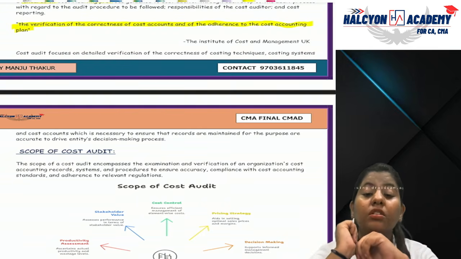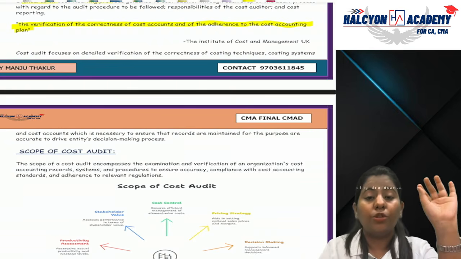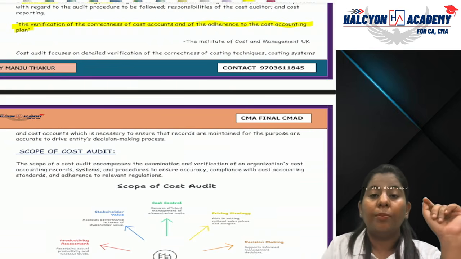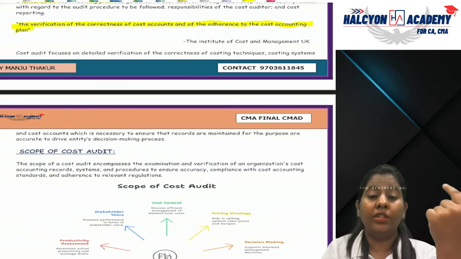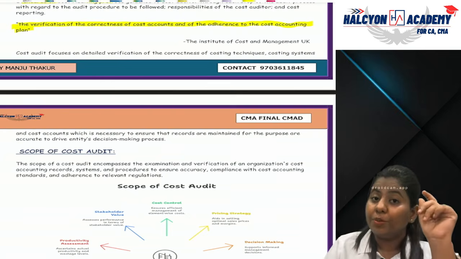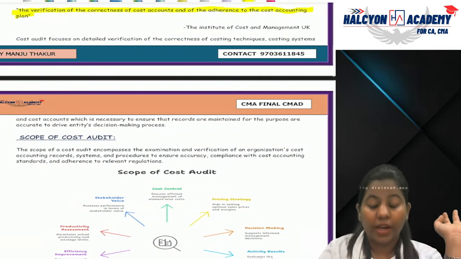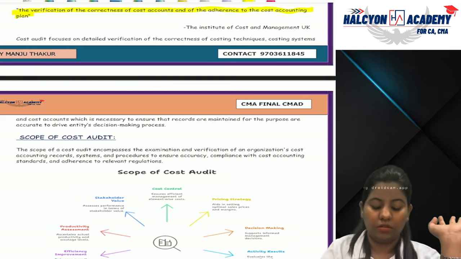Why? Because the cost accounts should be very, very accurate, because they are the base for the management to take cost decisions. The management takes cost decisions on the basis of cost accounts only. So they should be very accurate. That's why cost audit is performed.